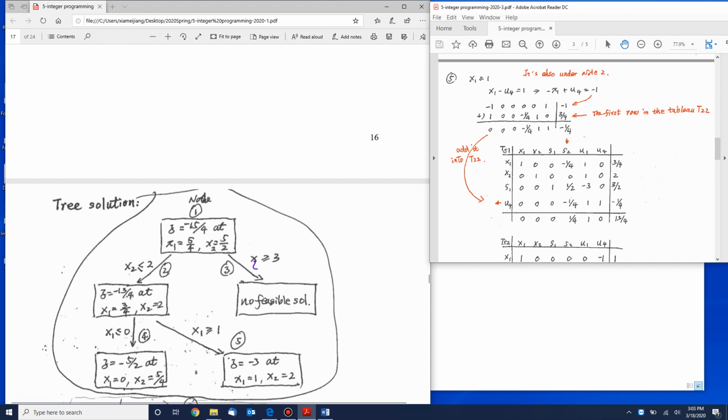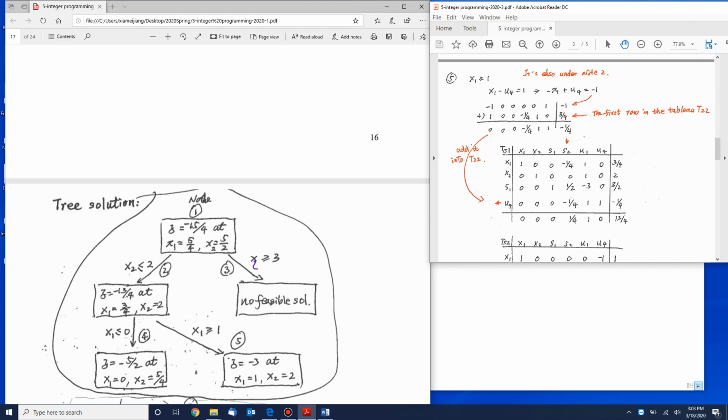Now we bring it with the first row of T22. Note that this one is not based on the previous one; this one is under node 2. So when we work on it, we bring the final tableau of node 2, T22. In this way, T22 gives us that we can remove x1 from the new constraint.